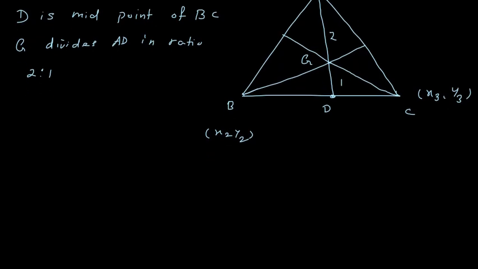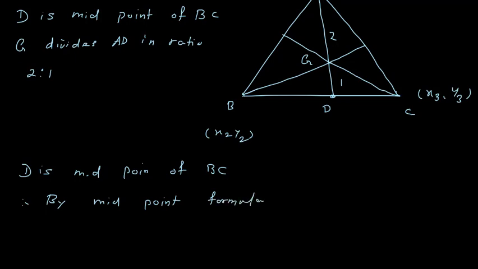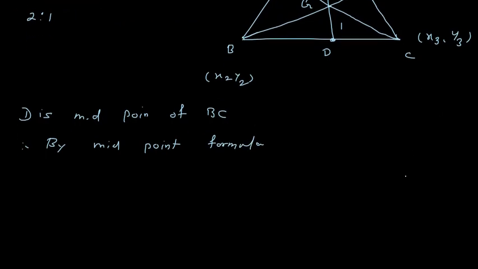now D is midpoint of BC. So therefore by midpoint formula, you can say that coordinate of D is, here it is x2 y2, x2 comma y2.